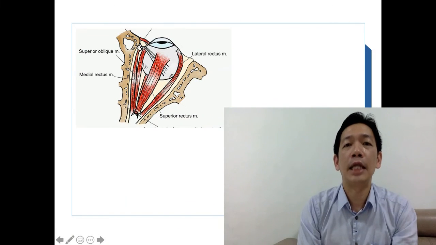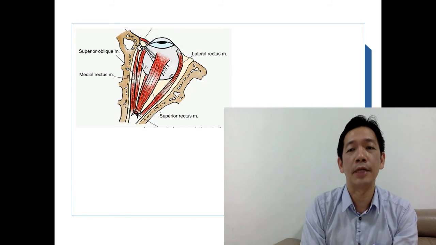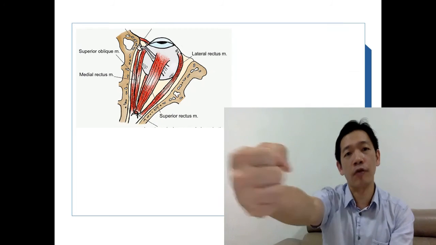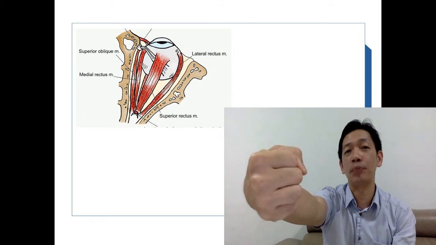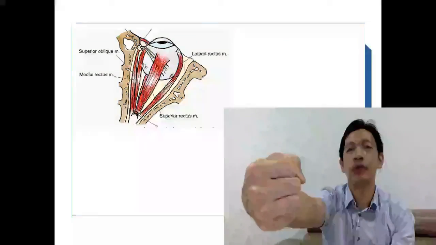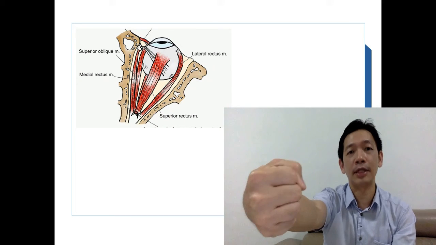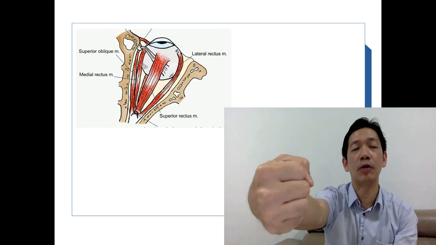The other important principle to describe the action of the muscle is, as you know, that the elevation and the depression of your eyeball are in the charge of your superior and inferior rectus muscles and superior and inferior oblique muscles. When you talk about the superior rectus muscle, you know that the primary action is elevation.